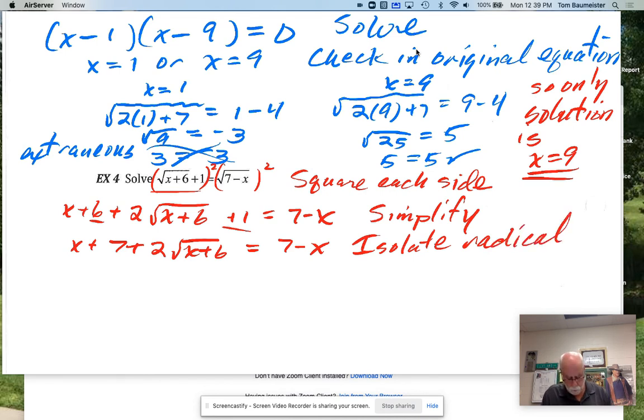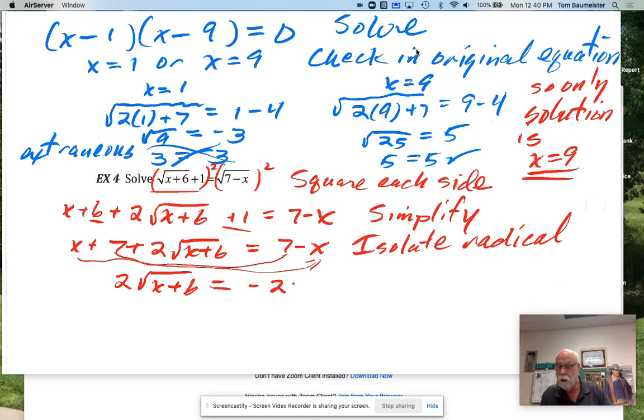I'm going to keep the 2 square root of x plus 6 on this side here. I'm going to take that x over, so I'll have 2 negative x's. When I take that 7 over, I'll have 7 minus 7, so that will go away. So on that one there, I'll just have negative 2x.